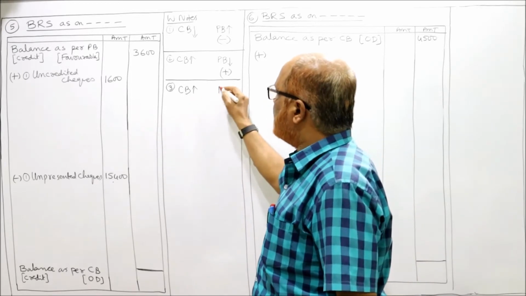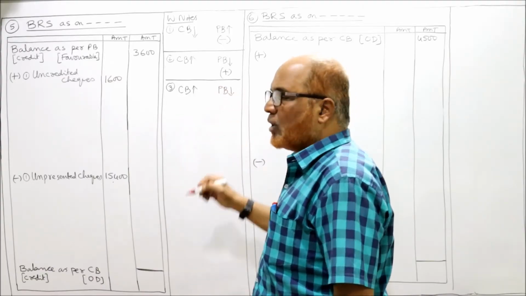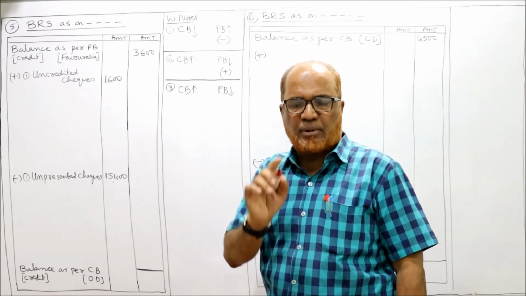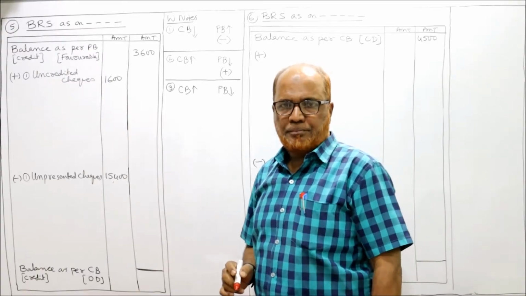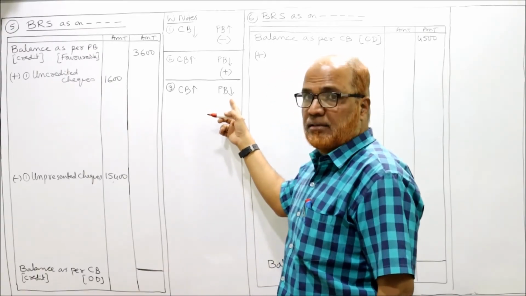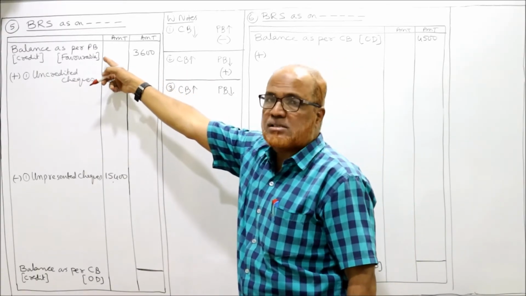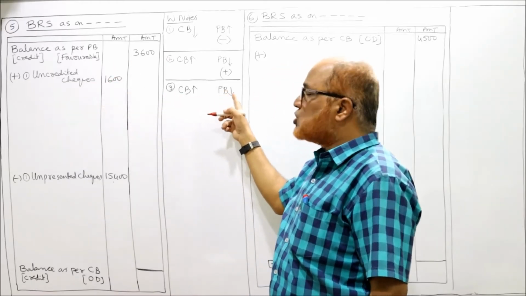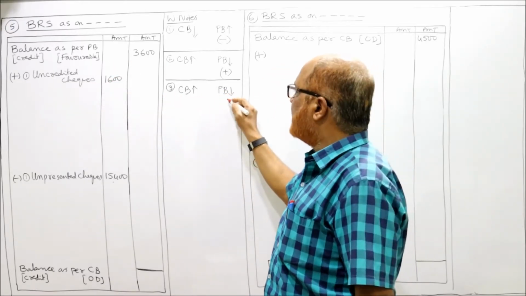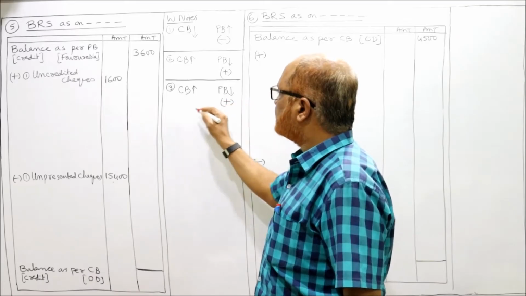Whereas passbook balance is showing less, because that person, Sharma, has taken the money from the bank. Our starting point is passbook. Passbook is showing less balance. When it is showing less balance, we have to add.